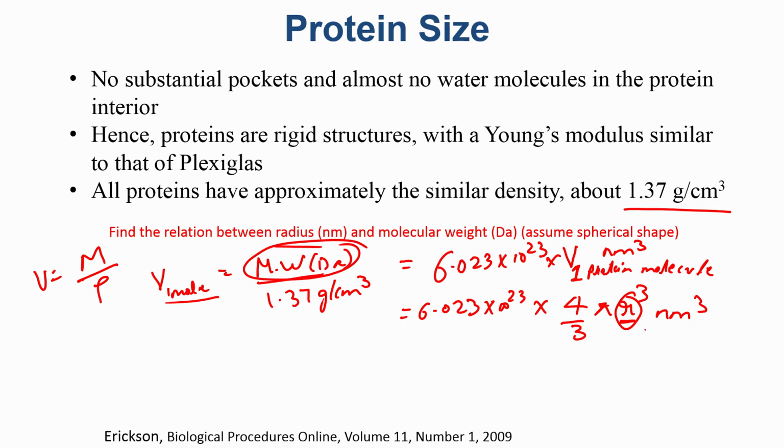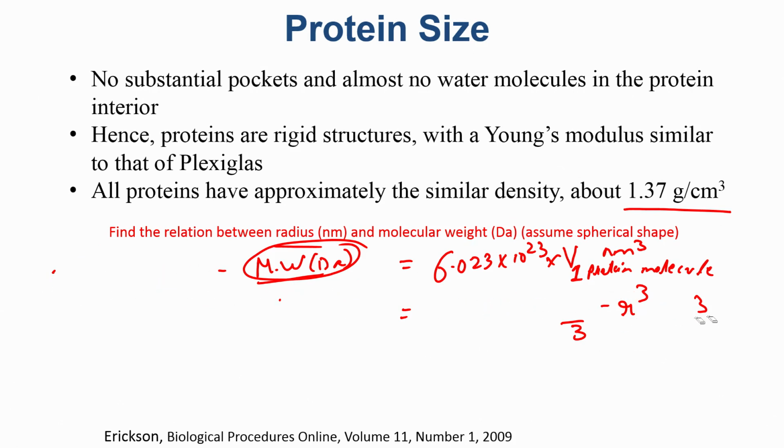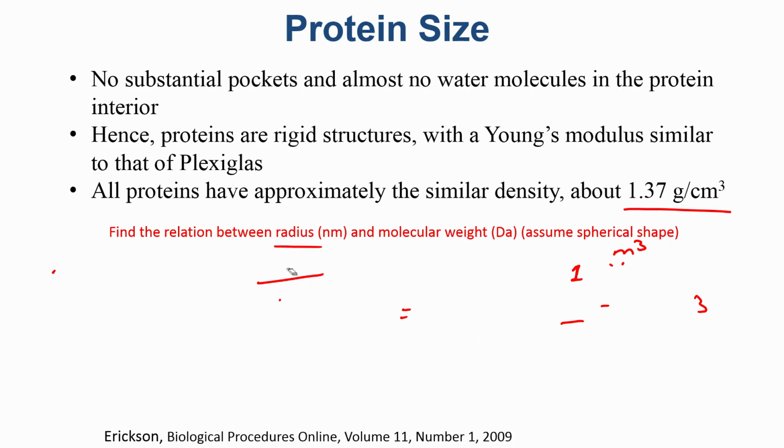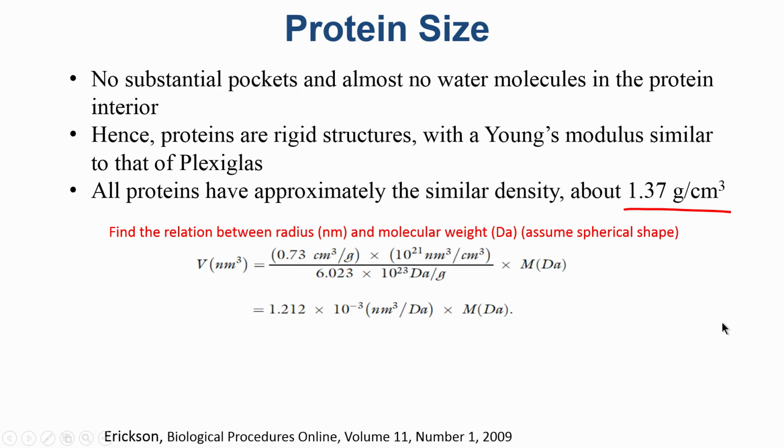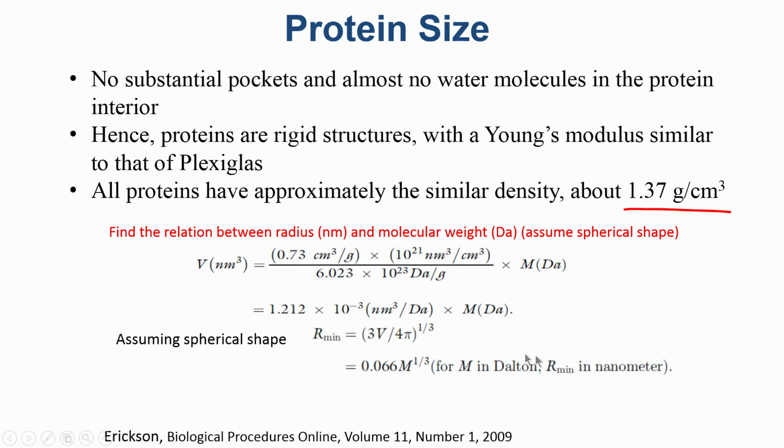If you go ahead and solve that, what you will find is that r is equal to 0.066 times the cube root of the molecular weight, where the molecular weight is in Dalton and r is in nanometer.